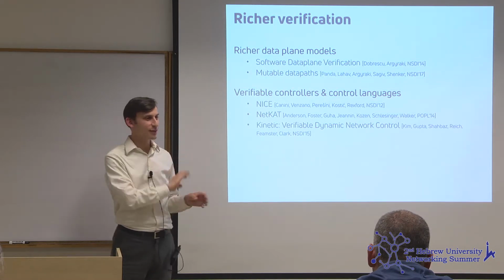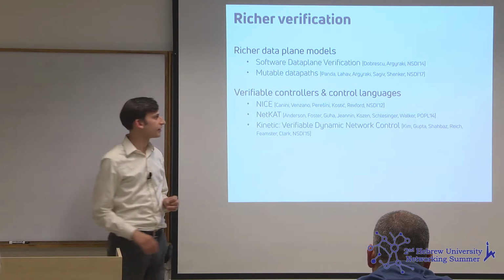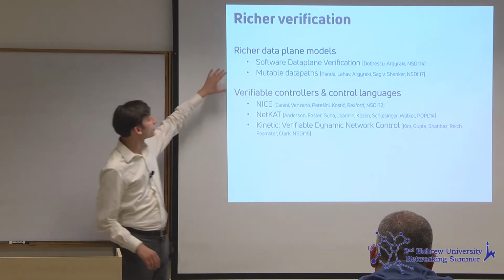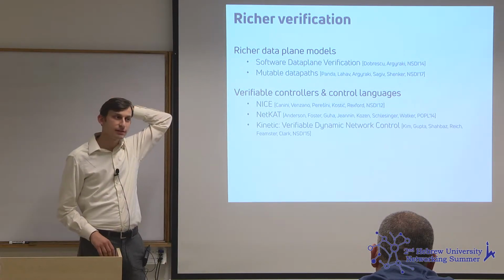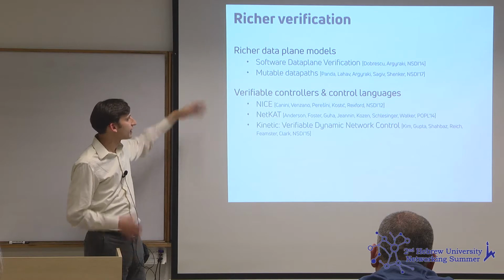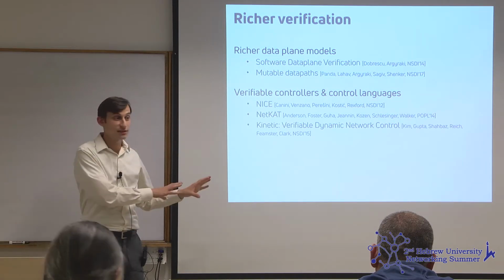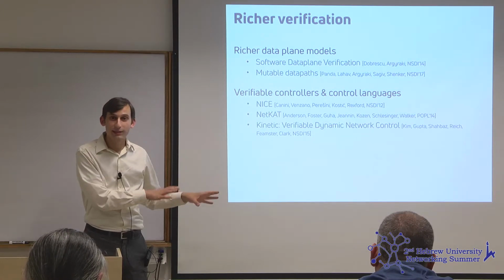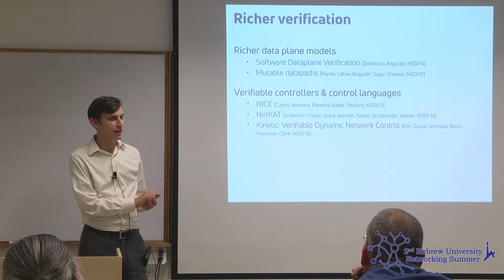Yeah. You were thinking about these ideas earlier, so I should have that on here. I'll add it after if we share the slides. But those works deal with mutable data paths. So that's an additional complexity in the network model, whereas what I discussed with Anteater and VeriFlow doesn't deal with that. And are you going to tell us more about that tomorrow?